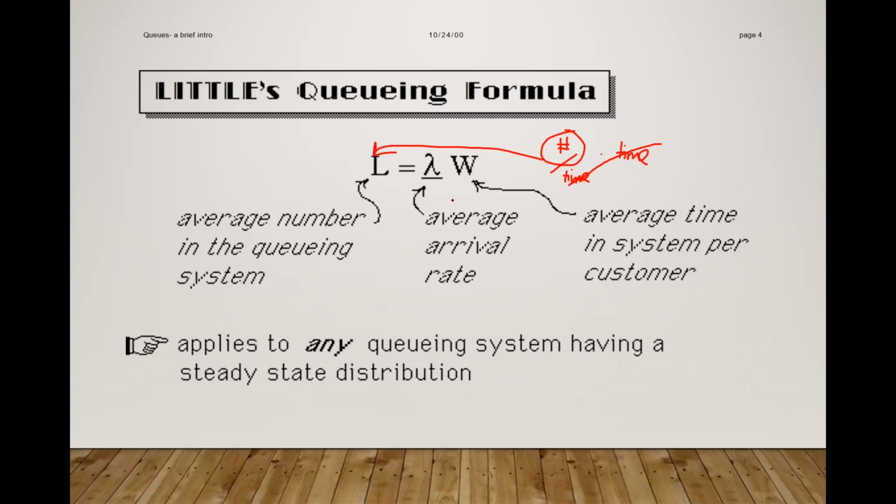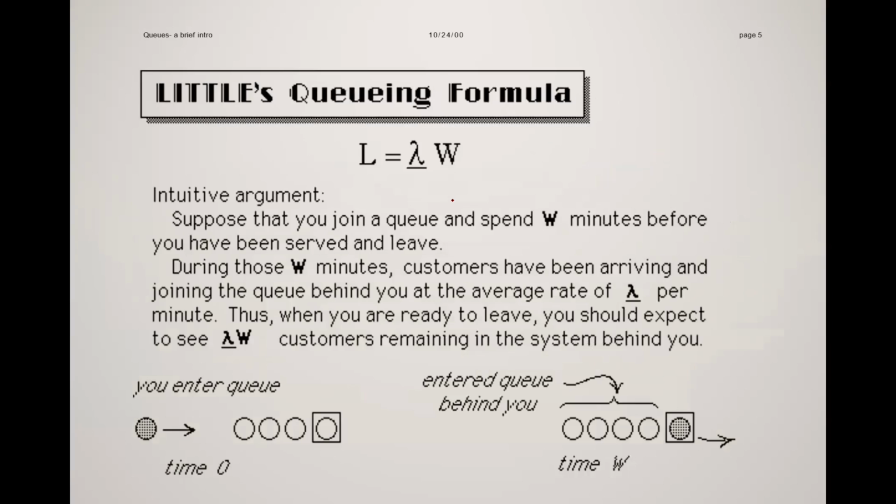But let's also give a very intuitive explanation of Little's queuing formula. You can imagine that you join a queue and you spend W minutes before you are served and leave.